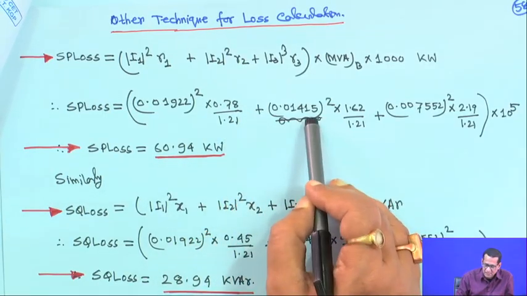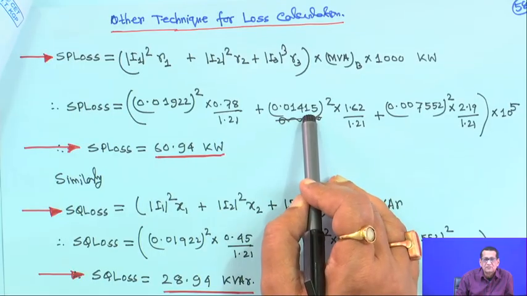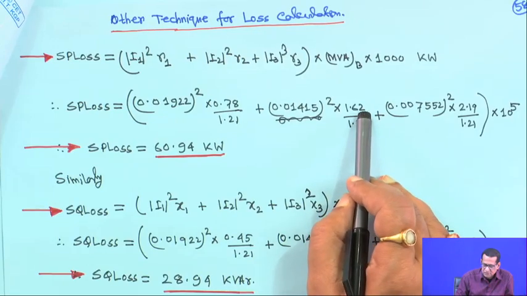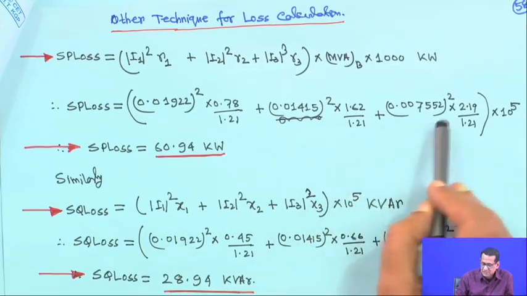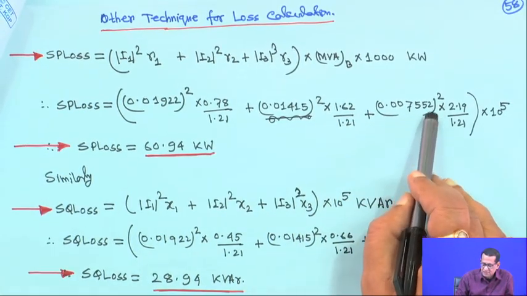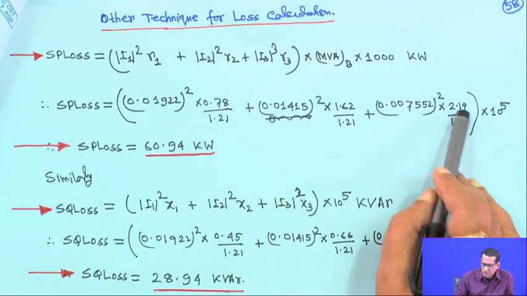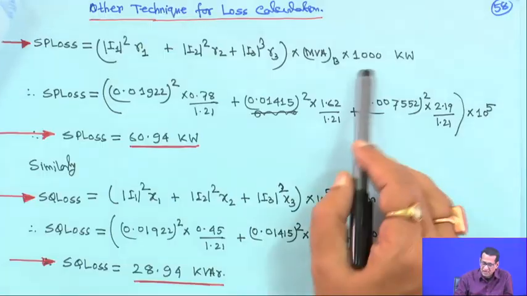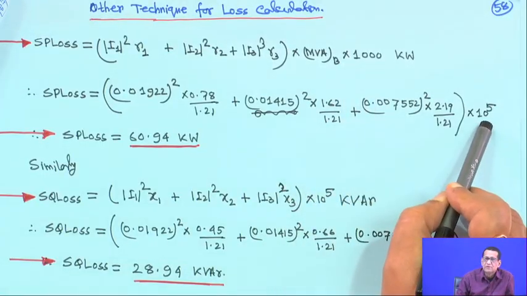Similarly here, this is the magnitude of I2 squared, all calculated after the second iteration, times R2, that is 1.62 ohm by base impedance 1.21. Similarly here, the magnitude of current squared into 2.19 over 1.21, when MVA base is 100, multiplied by 10 to the power 5.